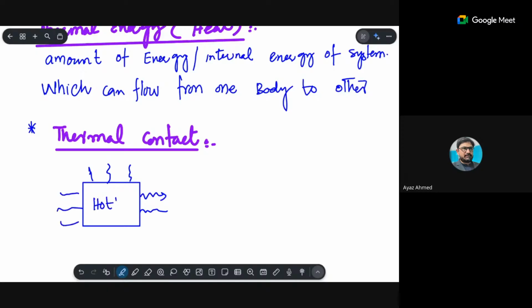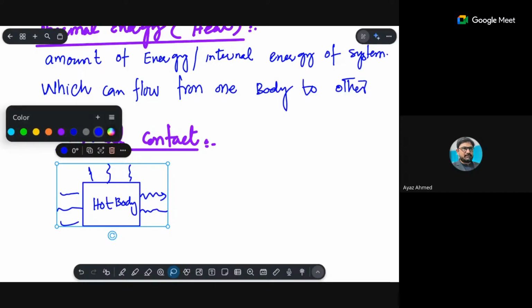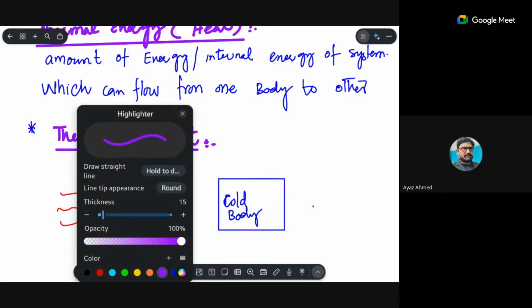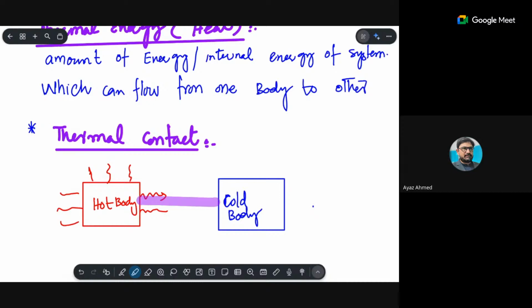This is a hot body, and it will transfer energy to a cold body by means of a thermal contact. That thermal contact does not need to be a physical contact. This is a cold body, so there must be a difference of temperature between these two bodies. That is why the heat will be transferred from one point to another. You got my point? Is this clear to everyone?